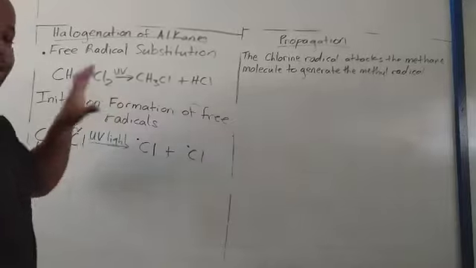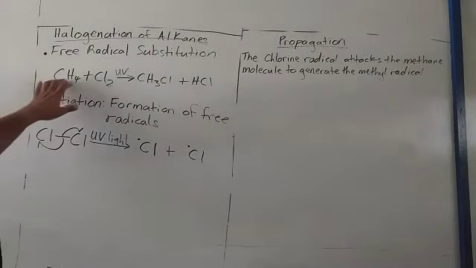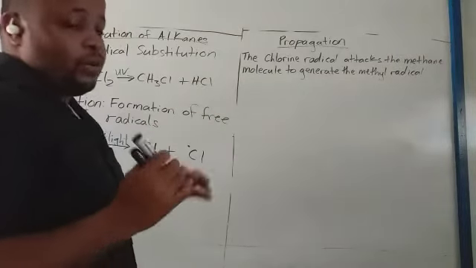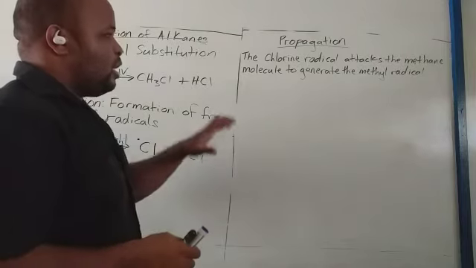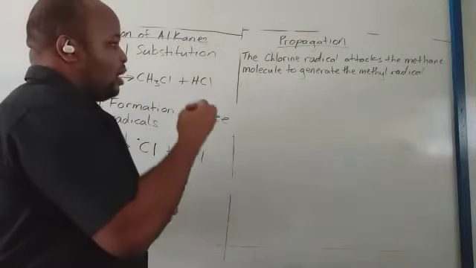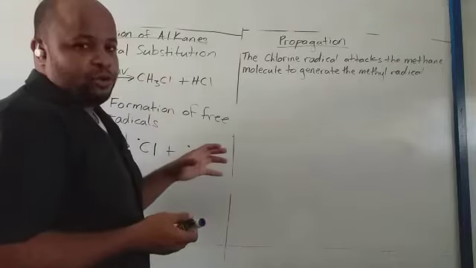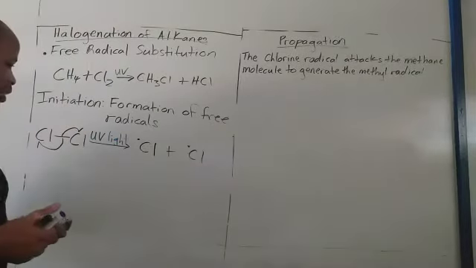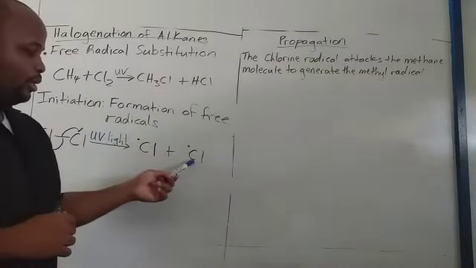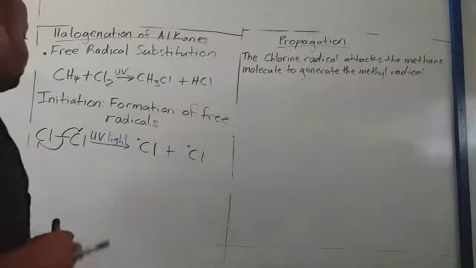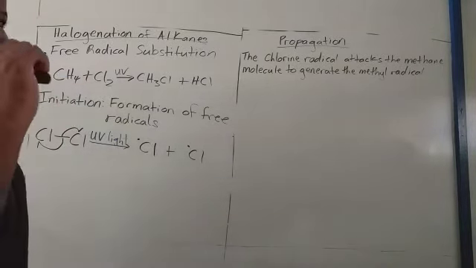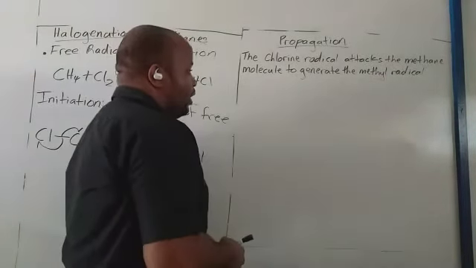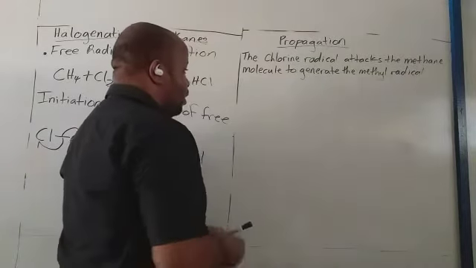For this specific reaction, it's between methane and chlorine. In propagation, the general sequence of events is that a radical is going to attack one of your molecules to generate a new radical. In this case, the radical we have is chlorine. So the chlorine radical is going to attack your methane molecule to generate a new radical, which in this case will be the methyl radical.